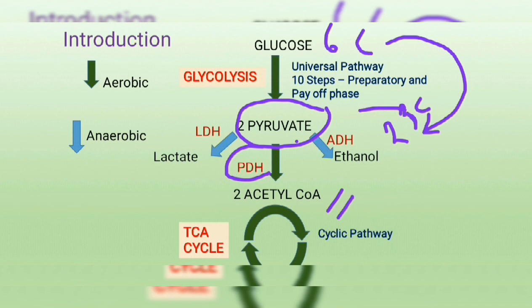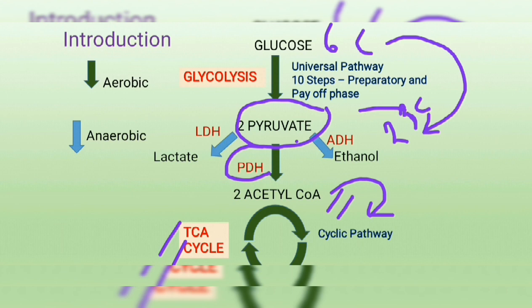And this acetyl coenzyme A molecule enters into the cyclic pathway which is the TCA cycle. In the TCA cycle, we have the production of energy and there is a release of carbon dioxide.